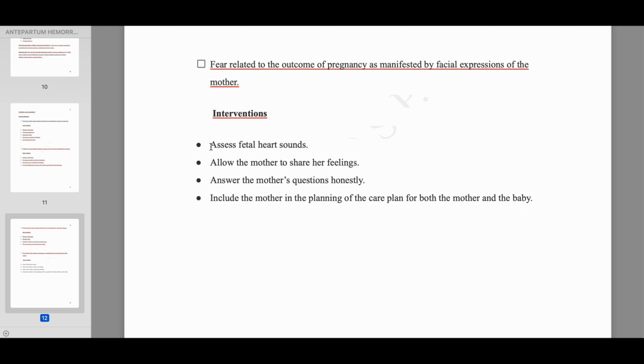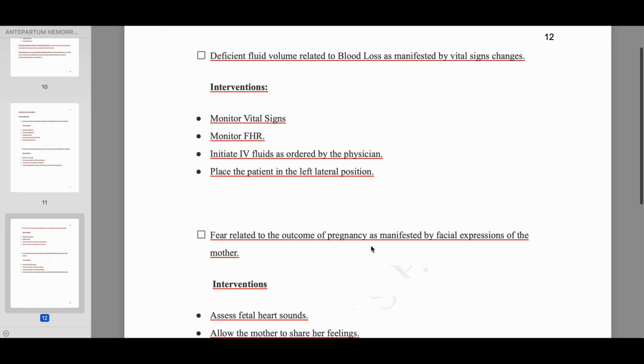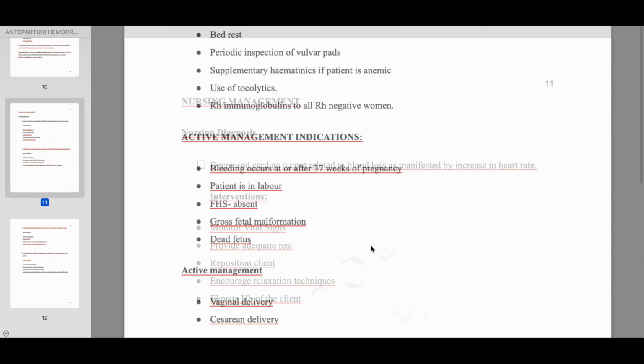Interventions are assess fetal heart sound, allow the mother to share her feelings, answer the mother's questions honestly, include the mother in the planning of the care plan for both the mother and the baby. So these are all the nursing managements of placenta previa.